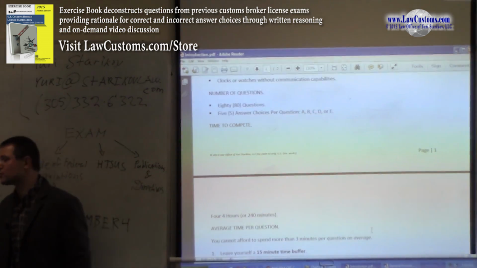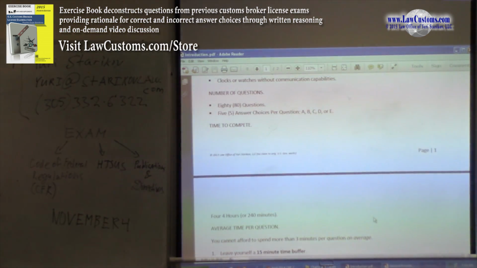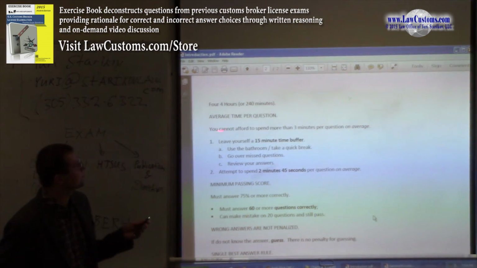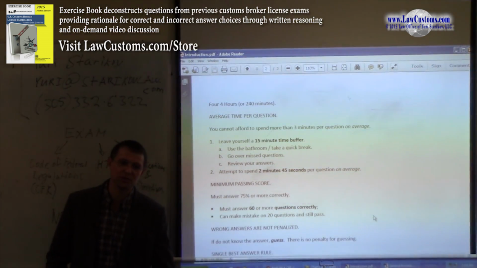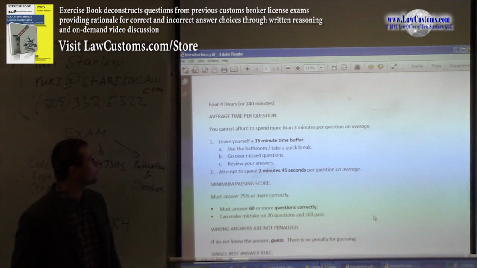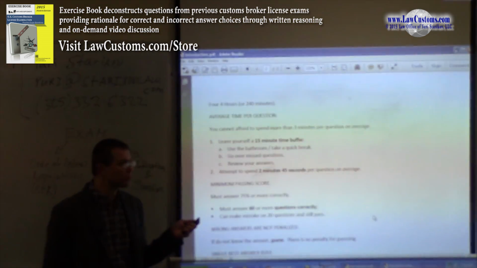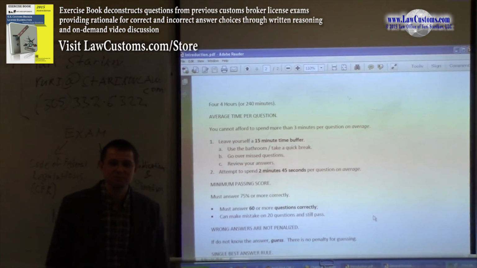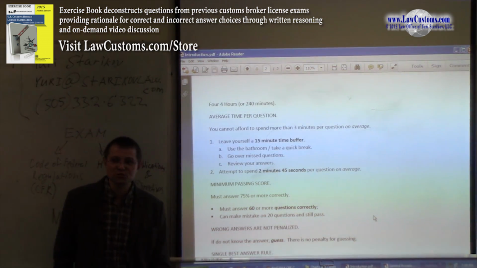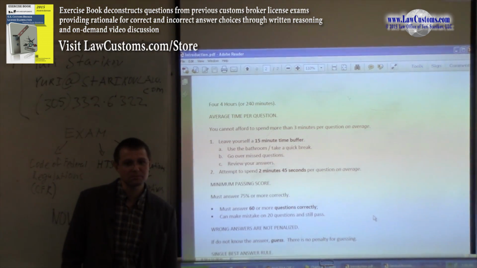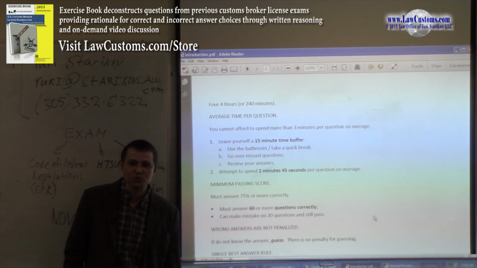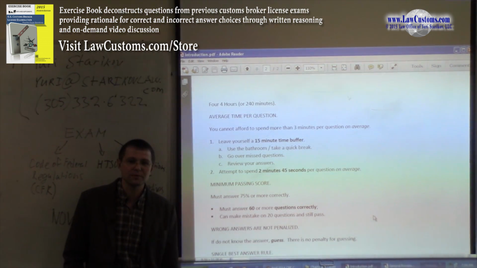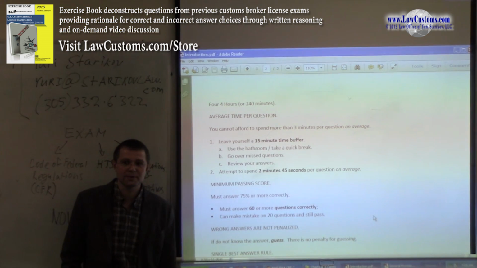So you have 80 questions, you have 5 answers for each question, you have 4 hours, which equals 240 minutes. Of course, that time is an average time because you have things that happen. You may want to go to the restroom in the middle of the exam, which happens to many people for various reasons.